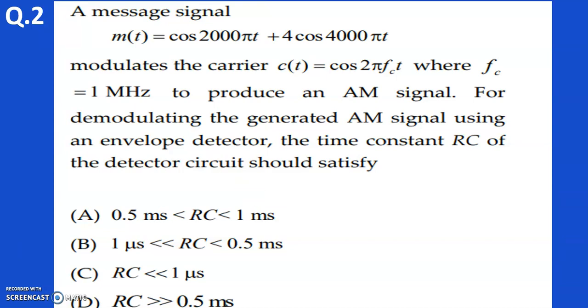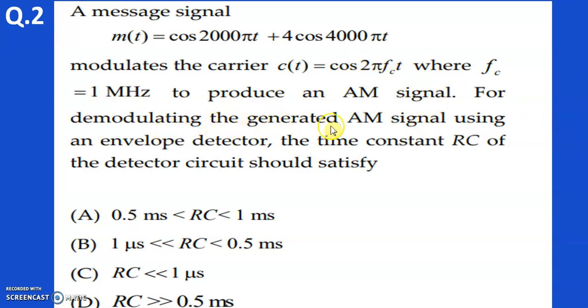So this is question number 2. A message signal m of t is equal to cosine 2000 pi t plus 4 cosine 4000 pi t. This message modulates the carrier signal c of t equal to cosine 2 pi fc t, where fc is equal to 1 megahertz, to produce an AM signal.